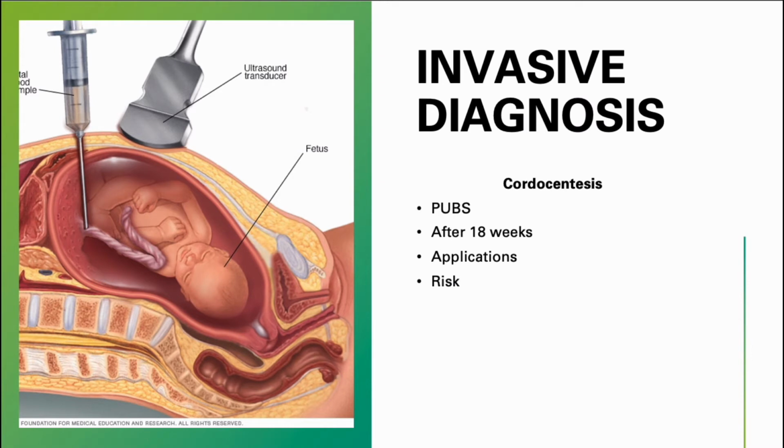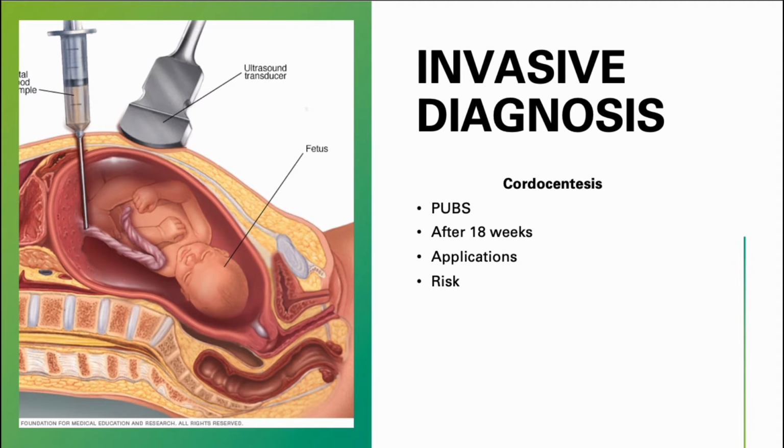This fetal blood sample then ends up being tested. This will get done after 18 weeks of pregnancy, and this could be used for chromosome analysis, in addition to biochemical as well as hematological diagnosis. Now, what's the risk factor?